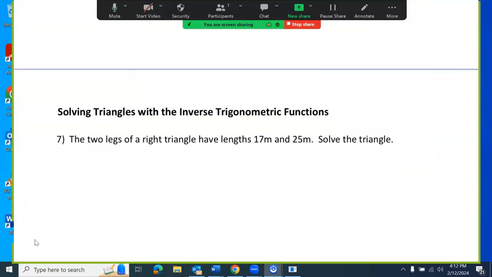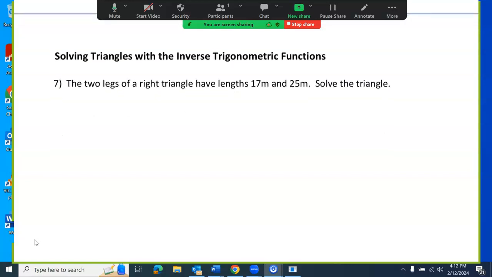All right, now let's work on solving a couple of problems, and then we'll be all ready to do the homework. Okay, the two legs of a right triangle have lengths 17 meters and 25 meters. Solve for the triangle. So draw your triangle. I'm just going to make it 17 here and 25 here.